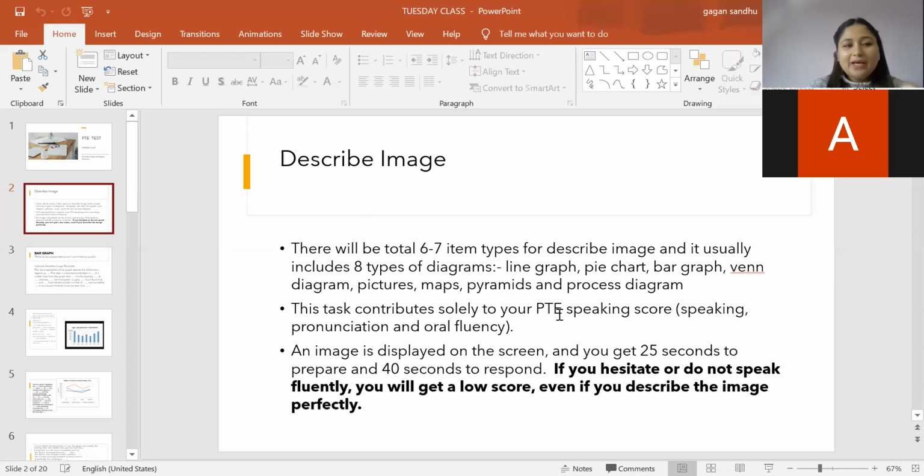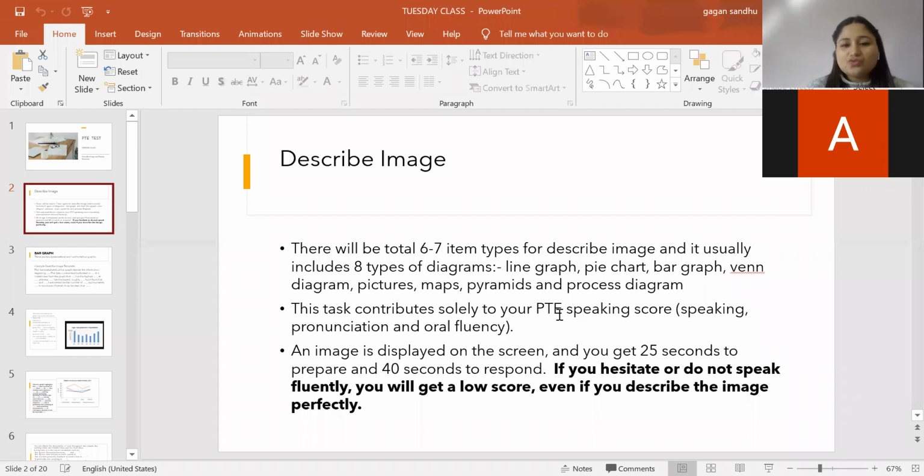Make it a thumb rule: what is said is said. You are not going back correcting, checking grammar or pronunciation, adding information, or omitting information, nothing.